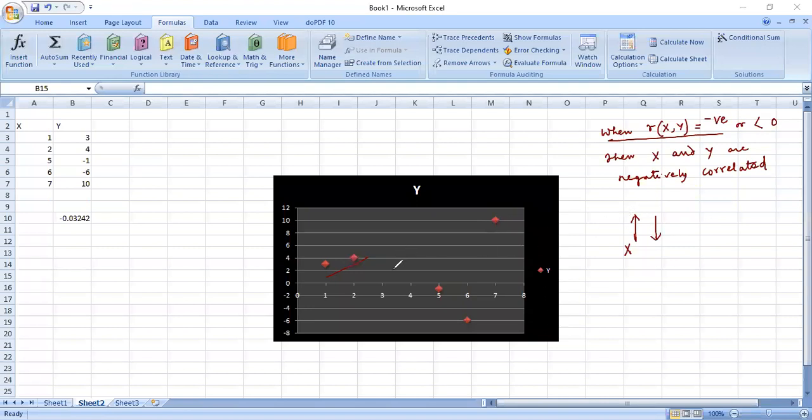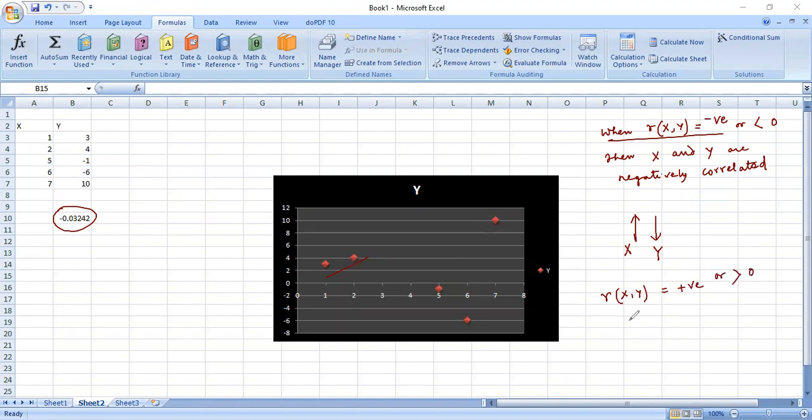But still, as the measurement is telling us, although the amount of correlation is poor, very low, it is negative, and therefore the direction of the two variables is opposite to one another.